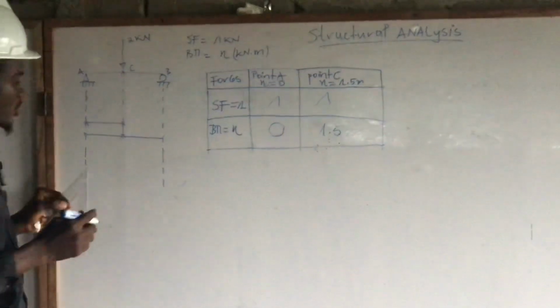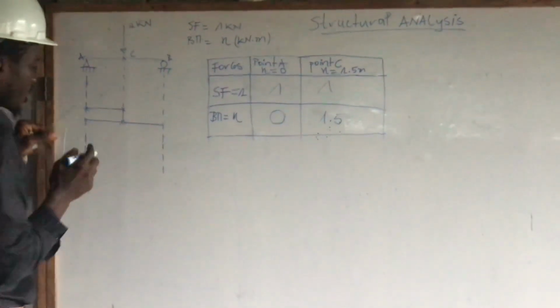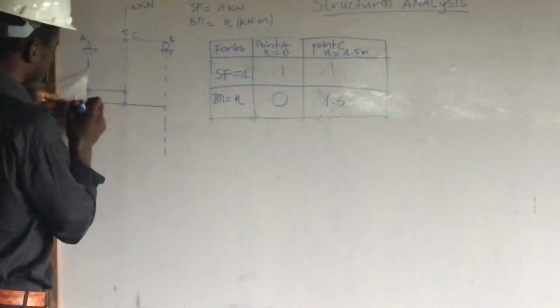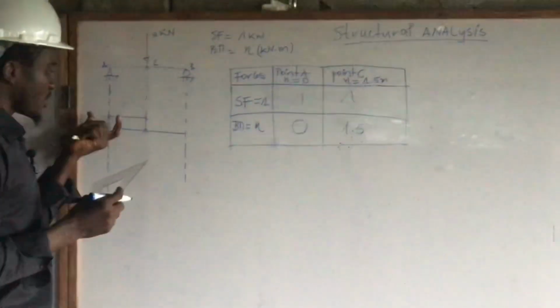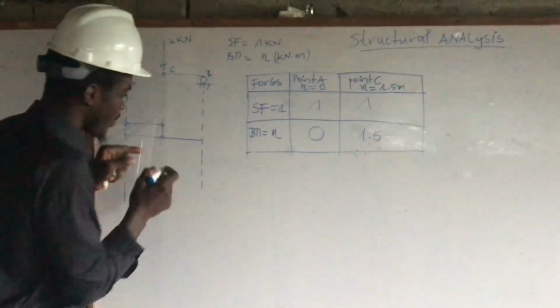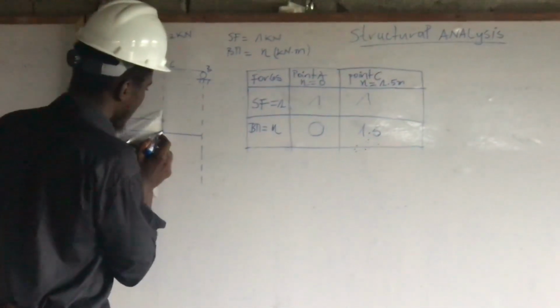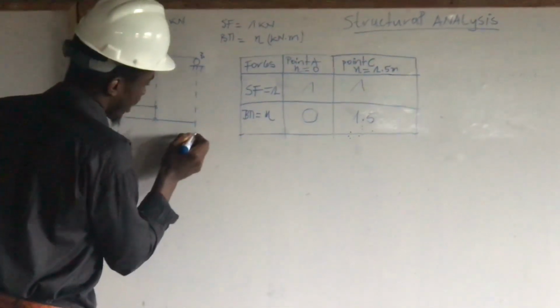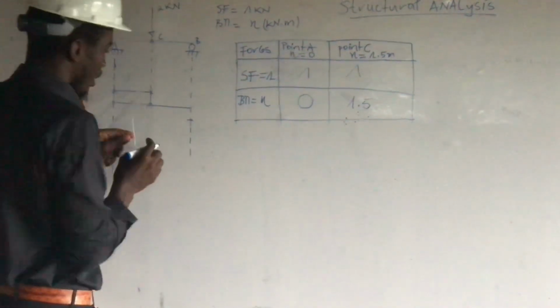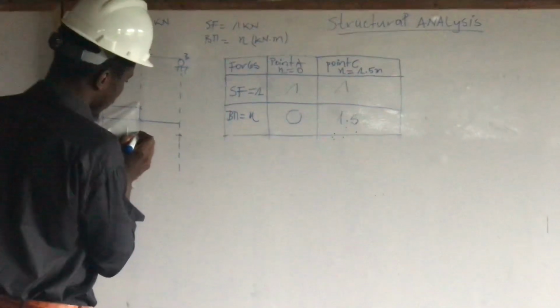What do I mean by opposite direction? You have the shear force diagram on this side already. If we say opposite direction with the same magnitude, it means on this side we will have -1, and then -1 exactly also here.